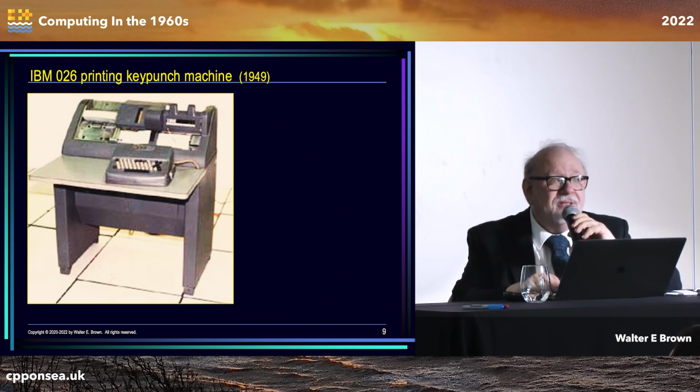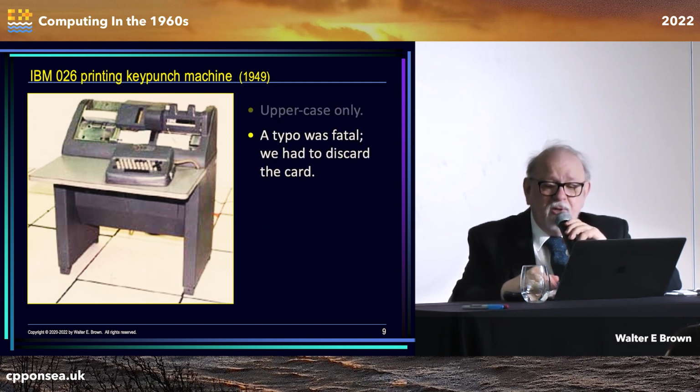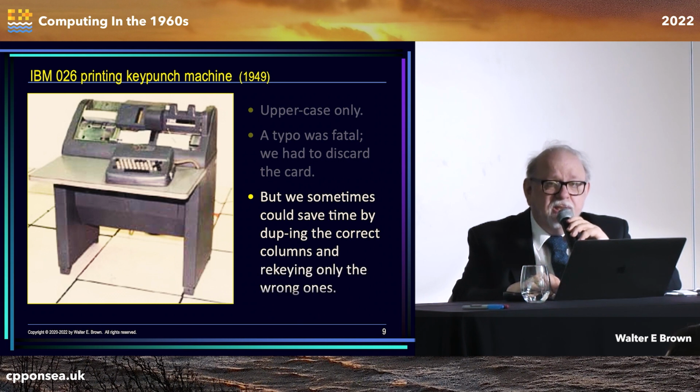This is what we used to make punches in punch cards. We refer to this as a model 026, even though technically it's just an IBM 26. It looked like this, uppercase only. Uppercase only. If you had a typo, that was fatal. You had to throw away the card, start over. But occasionally, depending on what kind of typo it was, you might be able to duplicate all but the mistyped column, make a correction, and then duplicate the rest.